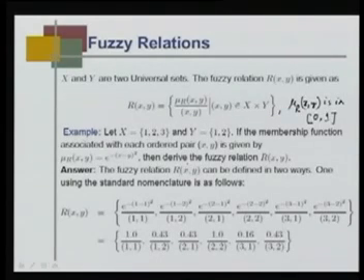If the membership function associated with each ordered pair is given by e to the power minus (x minus y) whole square, you can easily see this kind of membership function is used to know how close the members of Y are to members of X, because if I relate from 1 to 1 using this, then you can see 1 minus 1 is 0, that is 1 and 1 are very close to each other, whereas 2 and 1 is a little far, and 3 and 1 is further far, that means they are more apart.